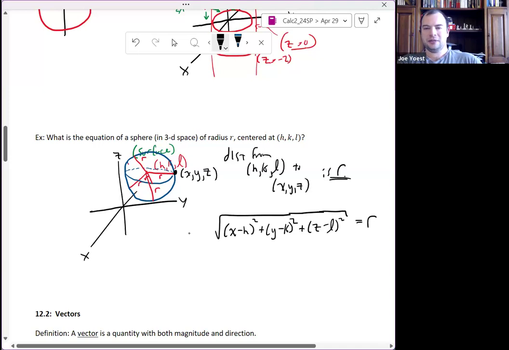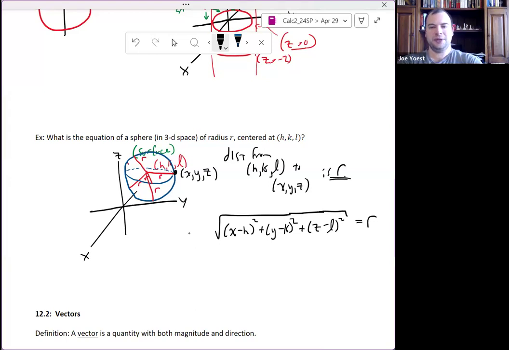This is my constraint. I start with 3 degrees of freedom. I impose one constraint. I get a 2-dimensional surface, right? If I'm standing on this surface, I can move in this direction or in this direction, but I can't move in that direction. I can't move closer to the middle of the sphere or farther away from the middle of the sphere, or I would leave that surface.